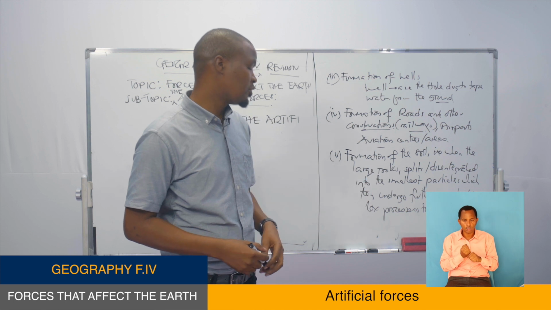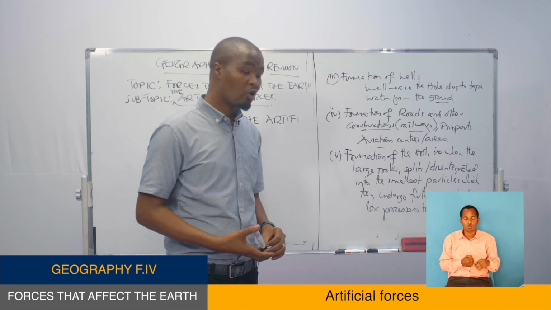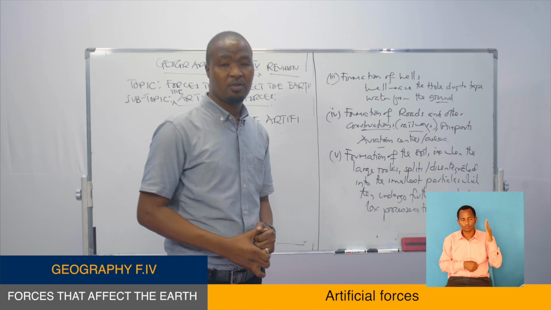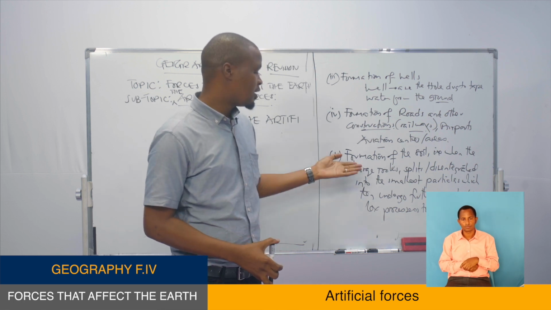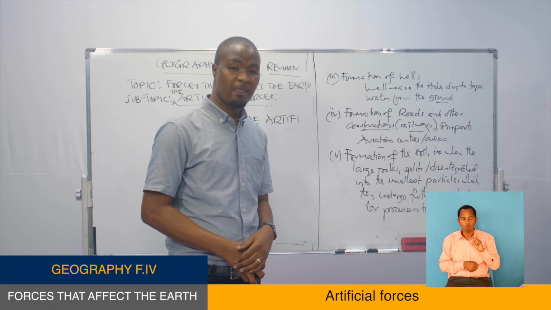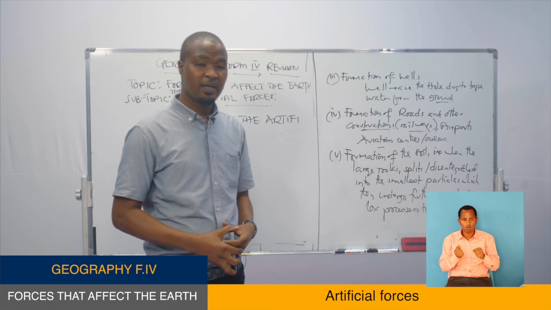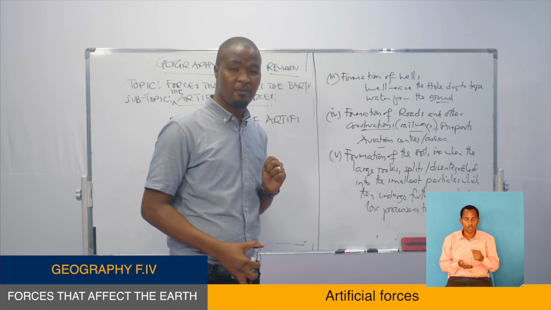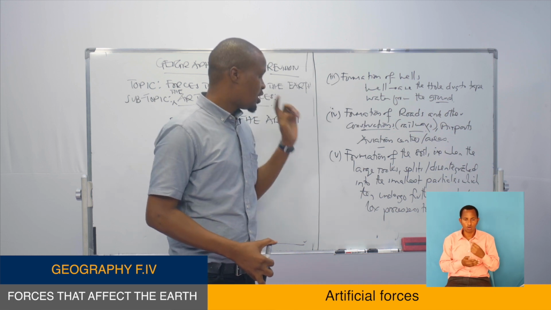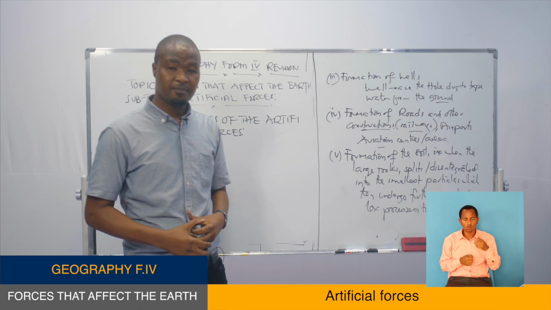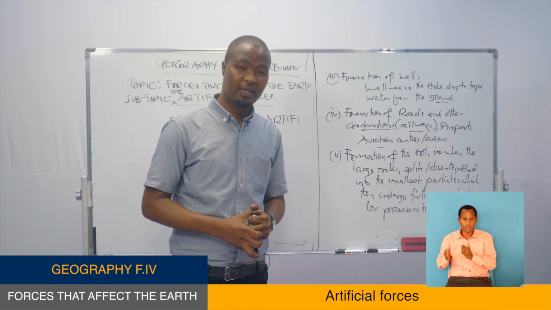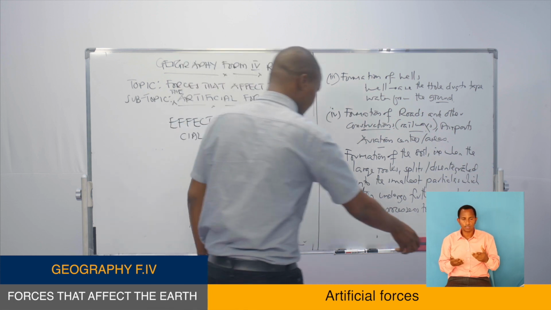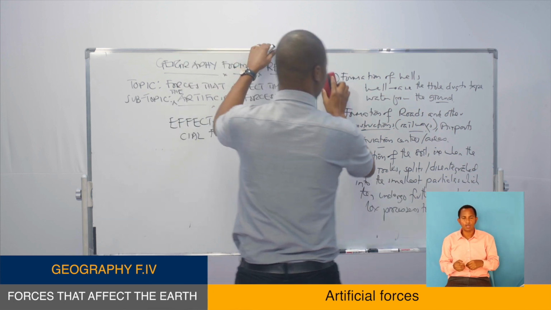Then regolith undergoes further simple and complex processes to form what we call soil. Are you with me? So there is the formation of soil. So we take it as a positive effect of the artificial forces. The forces are caused by man, influenced by man over the land surface. Then from there, let's see the negative effects.